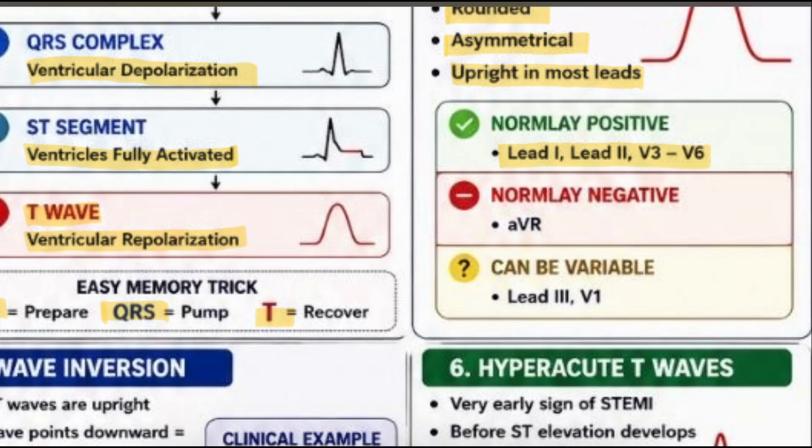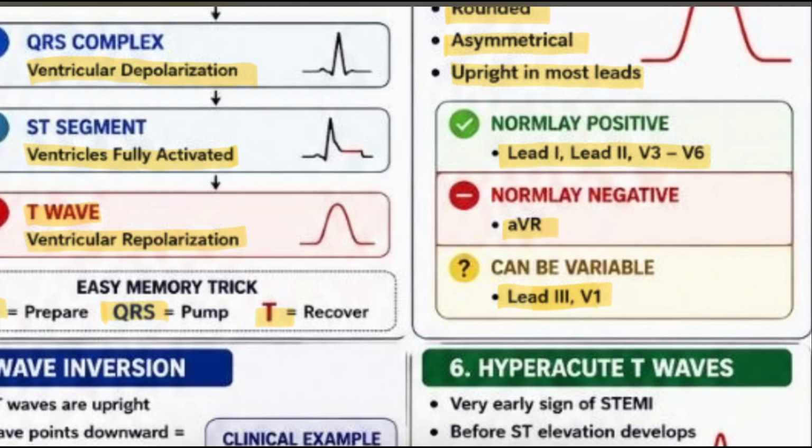So in all these leads the T wave is positive. Normally it is negative in aVR, and can be variable in lead 3 and V1.